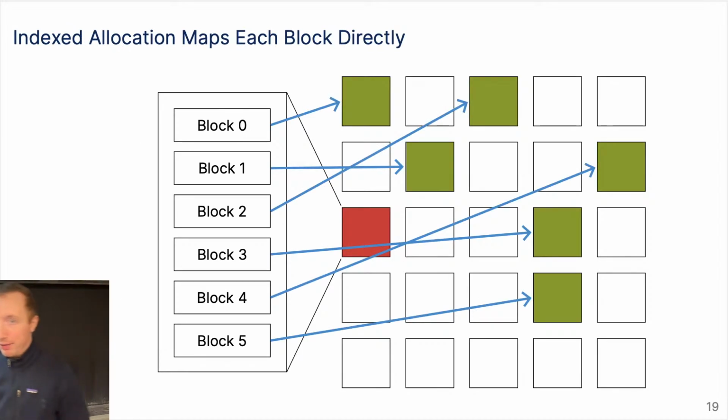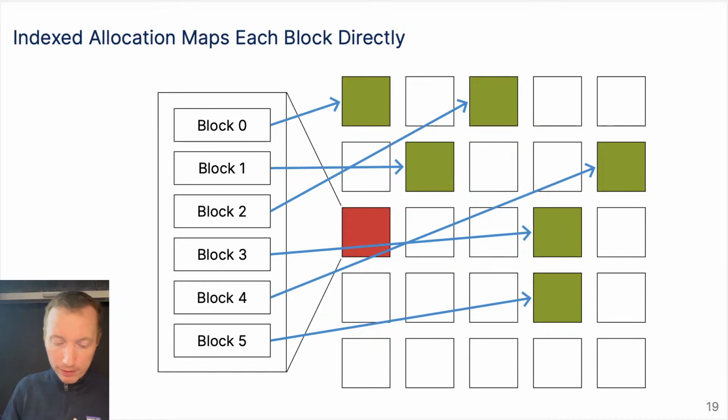So that's exactly what indexed allocation is. It's like, screw this, why would I use a linked list and try and figure out what block is which? I'll just store which block is which. So indexed allocation is for each file, it would store just an array of what block represents what block of the file.